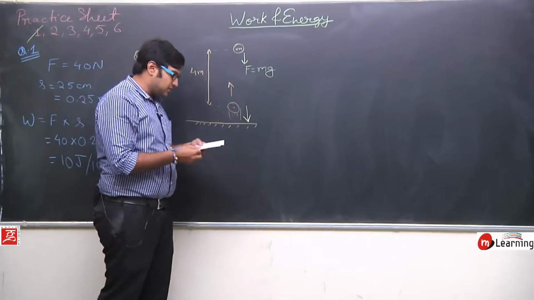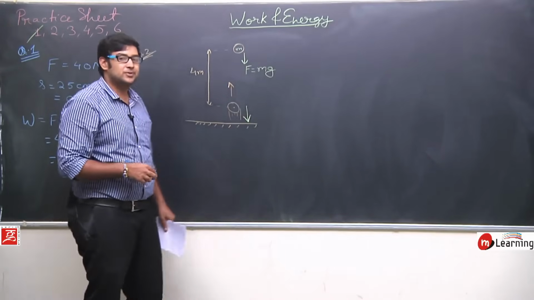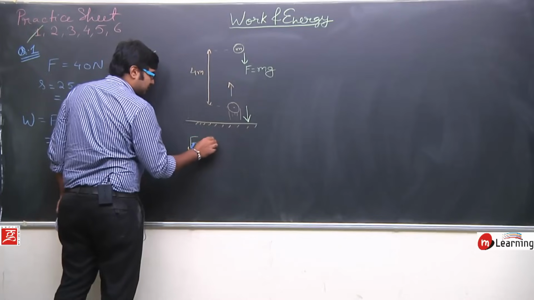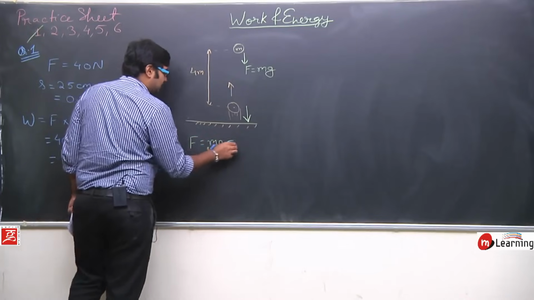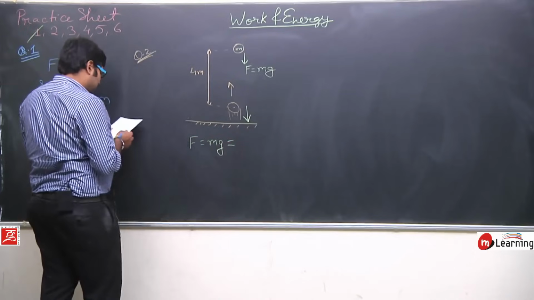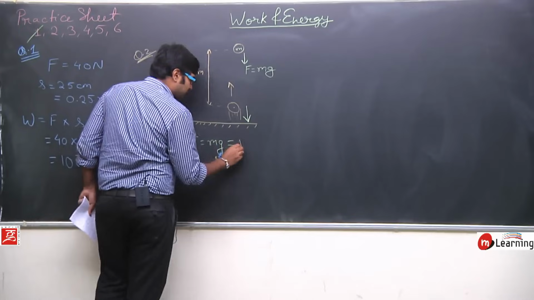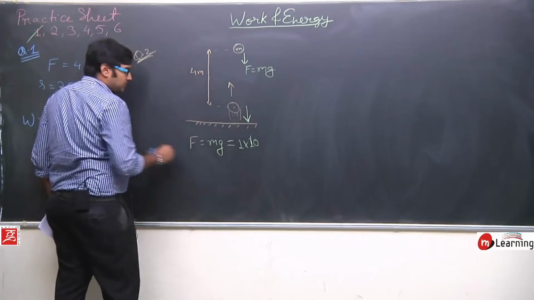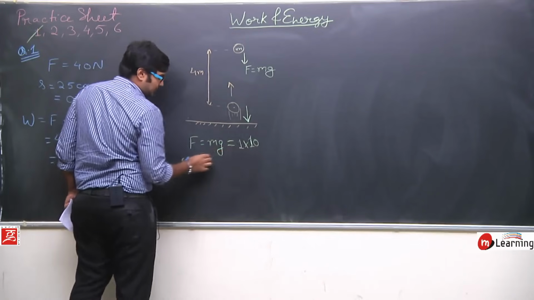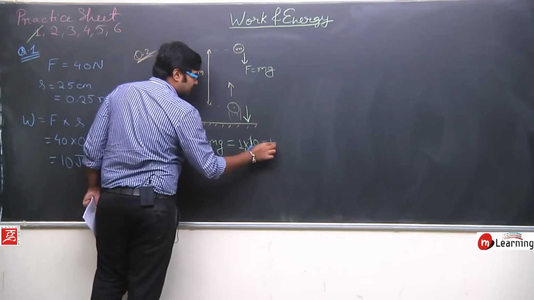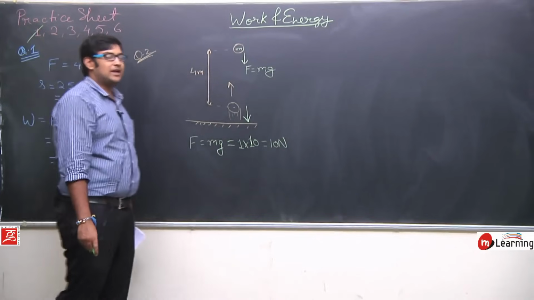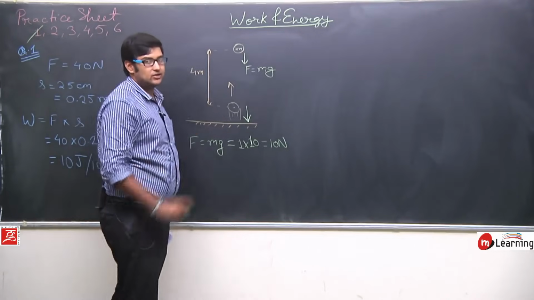Its value is given in the question as 10 meters per second square. So force is equal to mass into gravity, the mass of the ball is 1 kg into 10 meters per second square. This will give you force as 10 newtons. So the force applied by gravity on this ball is 10 newtons.